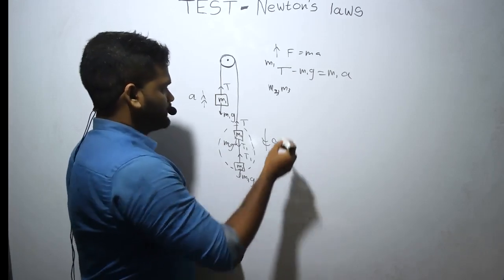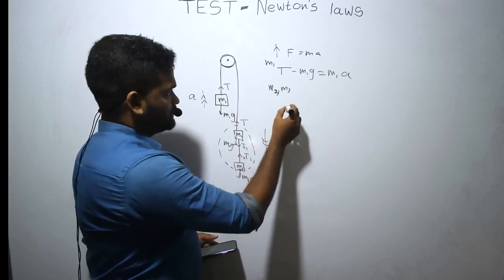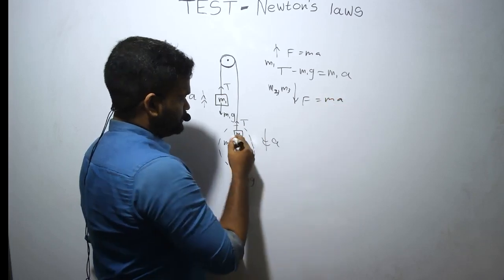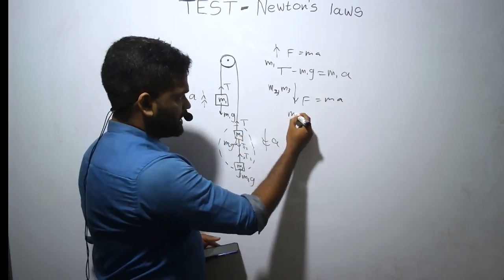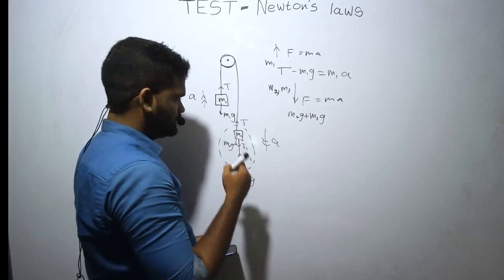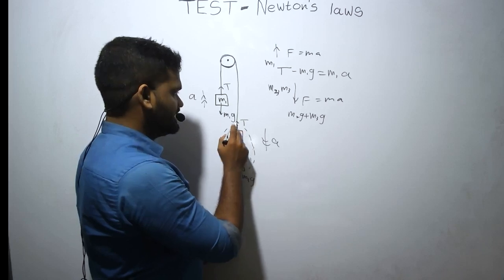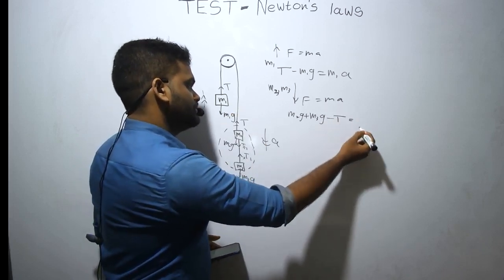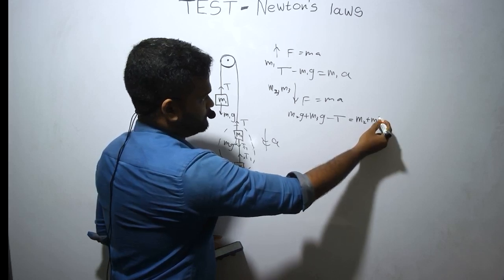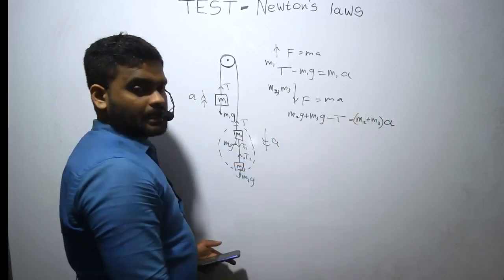So you don't have to think about these two. Applying F equals ma downwards, the weight is M2G plus M3G, and the tension T is upwards: M2G plus M3G minus T equals M2 plus M3 times acceleration.